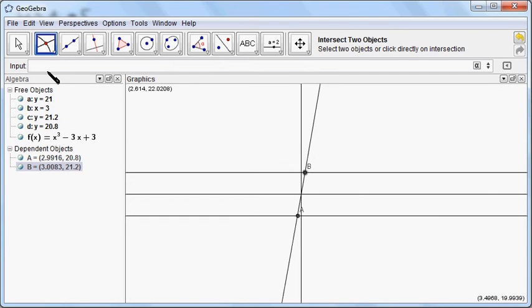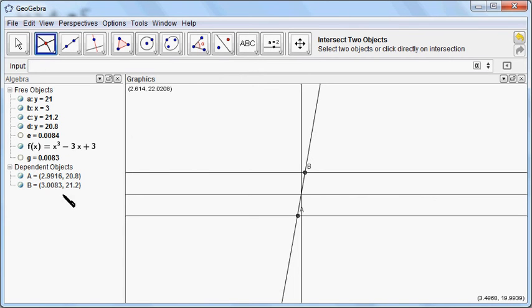So it's 3 minus 2.9916, that gives you that value. And also 3.0083 minus 3, this one's easy, so that's 0.0083.